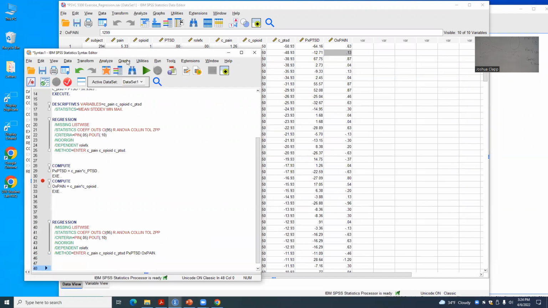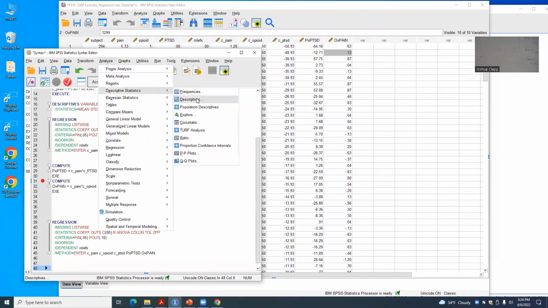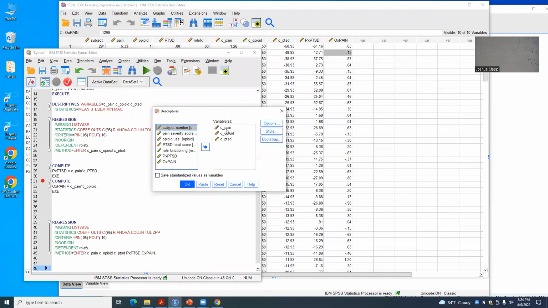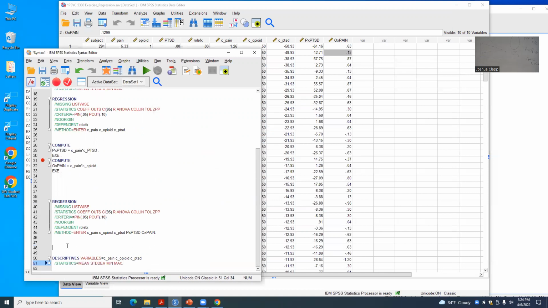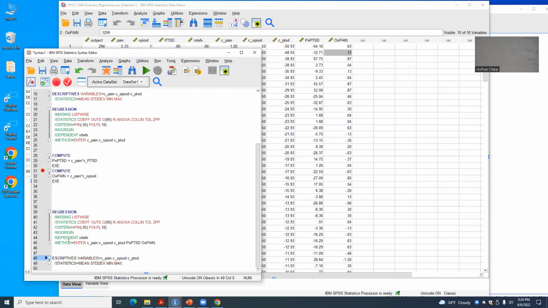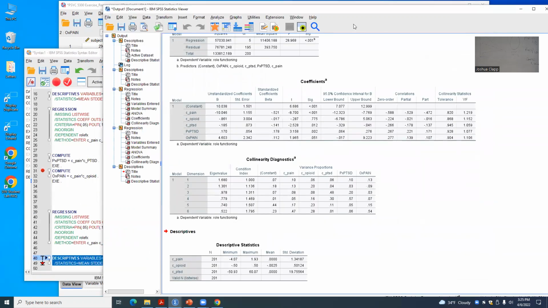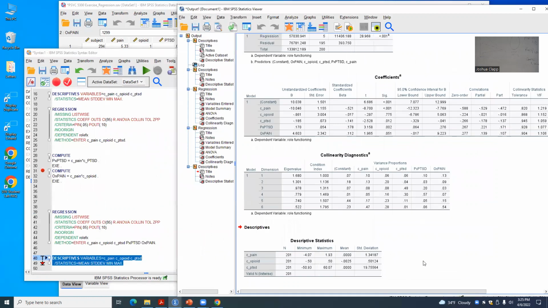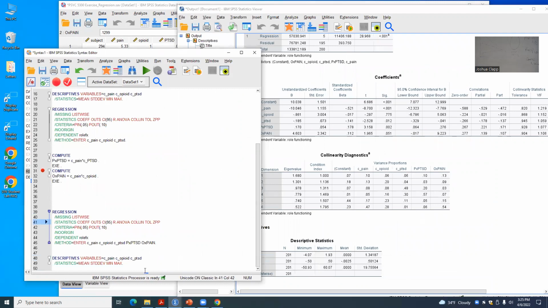So I'm going to go to Analyze, Descriptives, and I'll just repaste this. I'm going to run it, because what I want to get here is the standard deviations for my moderators.